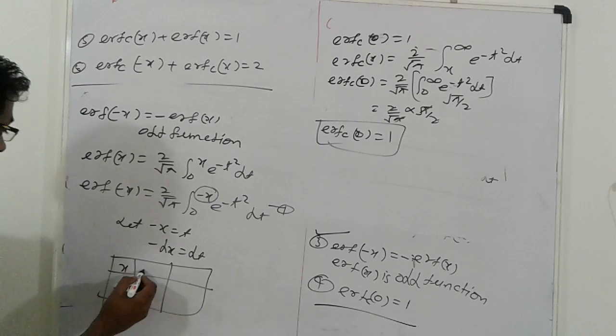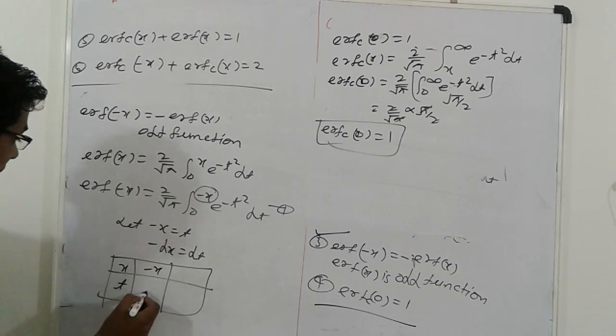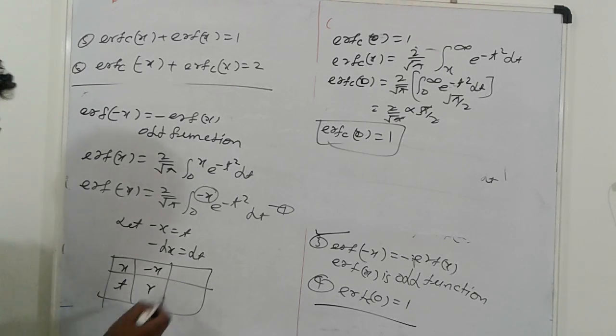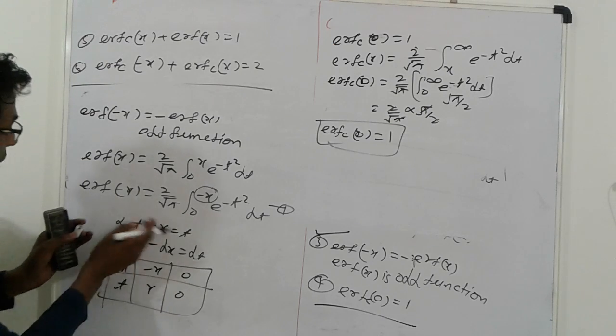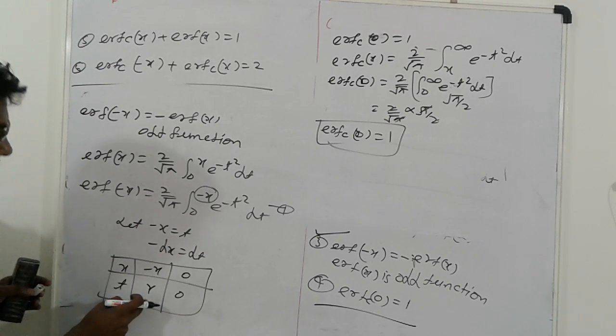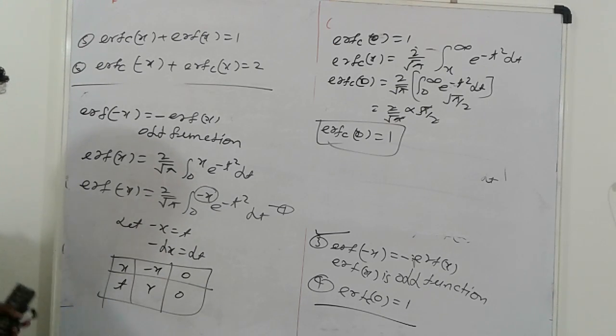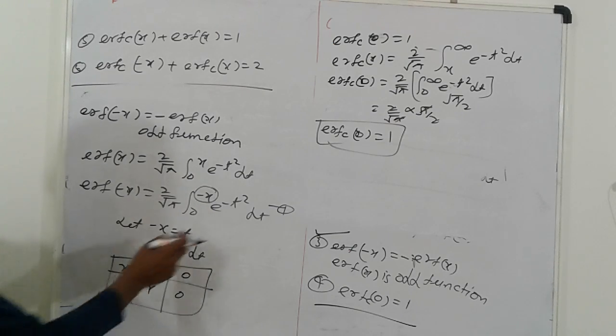So when minus x, here x, and here 0, here 0. So the limit is 0 to x, no problem. And here x replaces the minus x, so that is 0 to x. So the limit is 0 to x.